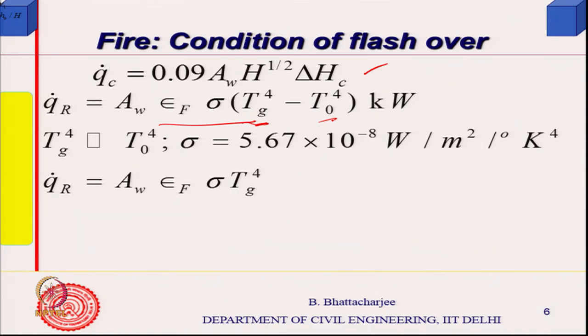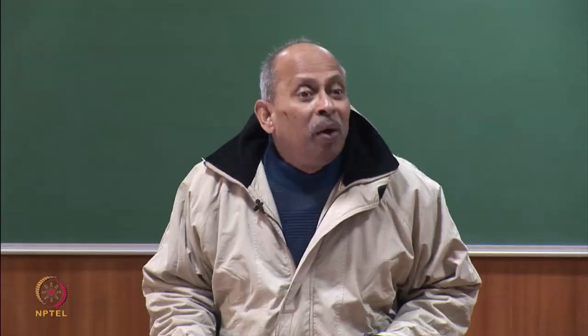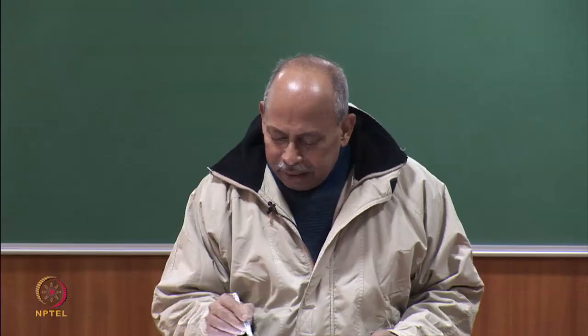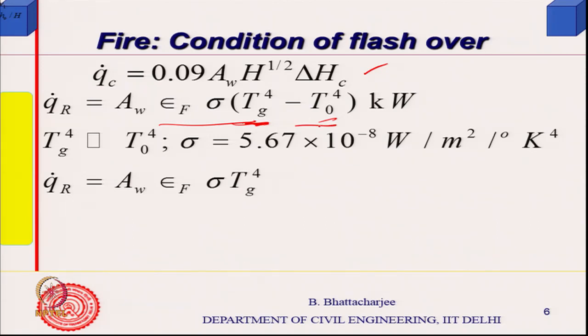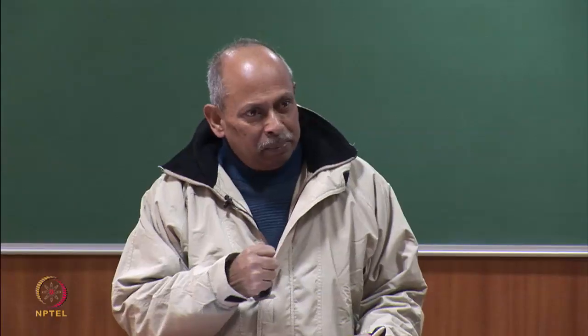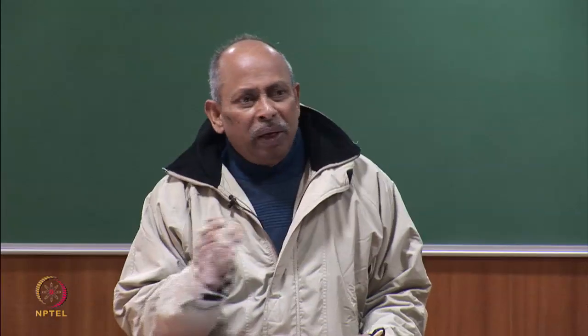So, radiation law, if you would have done it in school or otherwise, or if you do not remember, let me tell you, the radiation heat exchange between bodies is proportional to T to the power 4 minus T0 to the power 4, T0 is the outside, multiplied by the Stefan-Boltzmann constant 5.67 into 10 to the power minus 8 watt per meter square per Kelvin to the power 4, because this is an absolute temperature, 273 plus, and this is called equivalent emissivity, because a perfect black body radiates everything, absorbs everything.